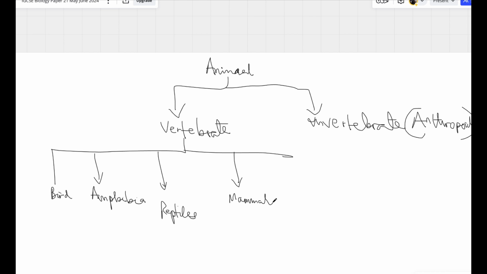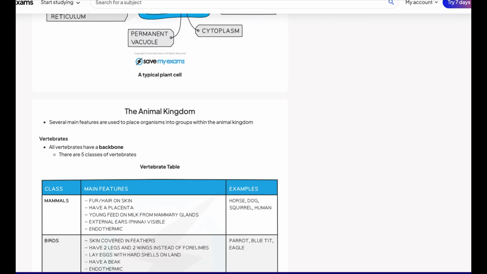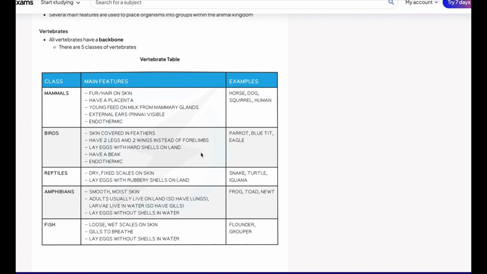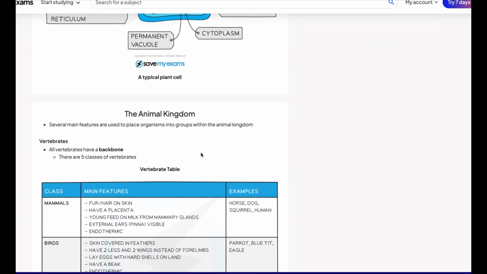We have birds, amphibia, reptiles, mammals, and one last one remaining for the vertebrates. There are 5 in the group: the bird, the reptile, the amphibia, the mammal, and the fifth one is the fish.